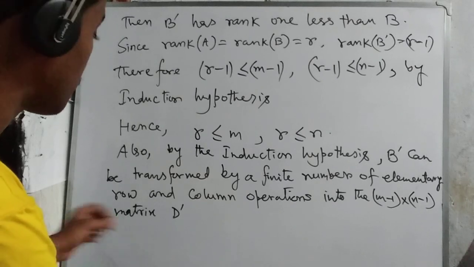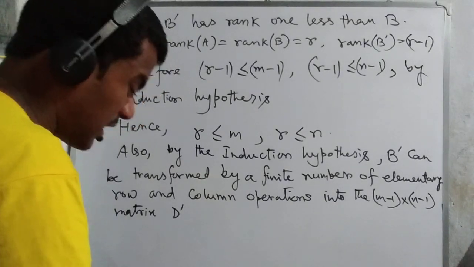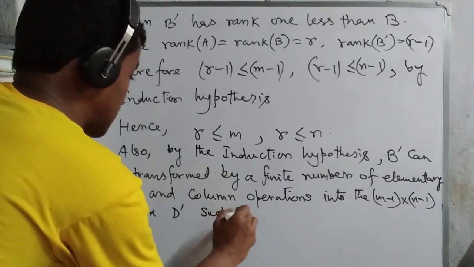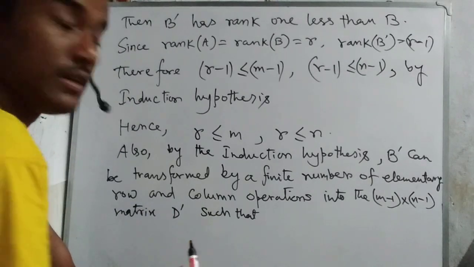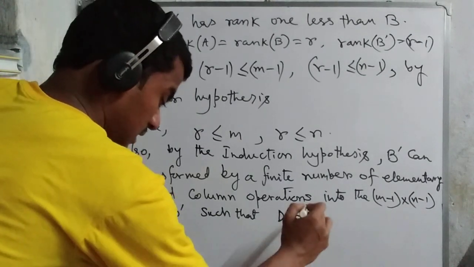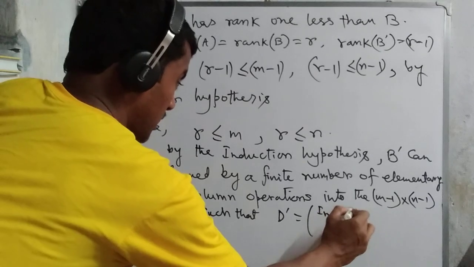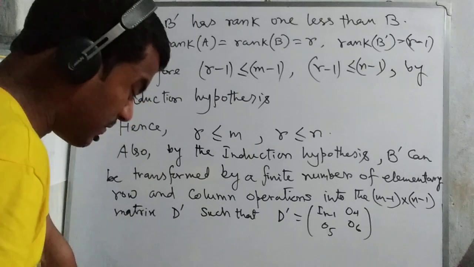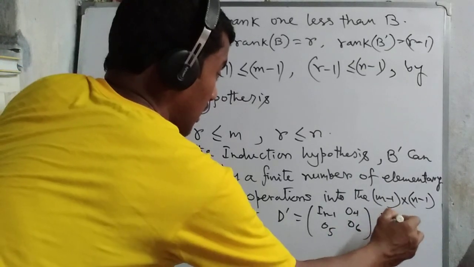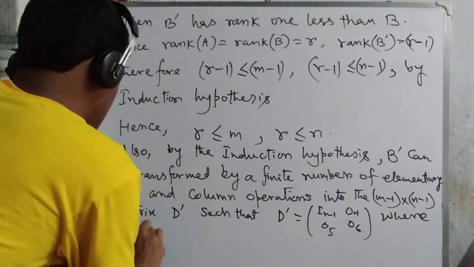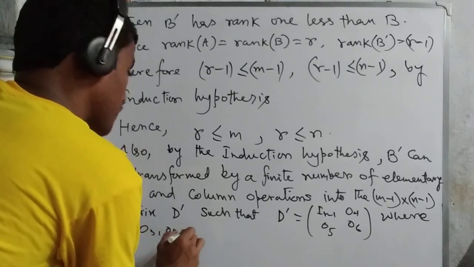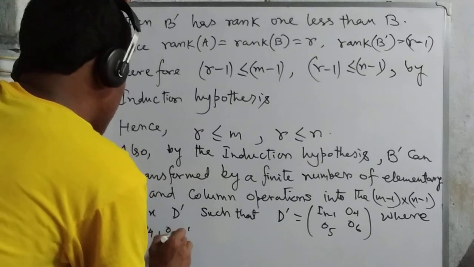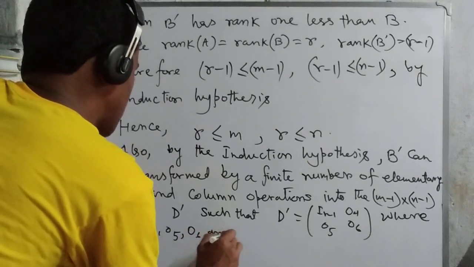Such that d dash equals what? Here I r minus 1 and here O4, O5, O6, where O4, O5, O6 are zero matrices.